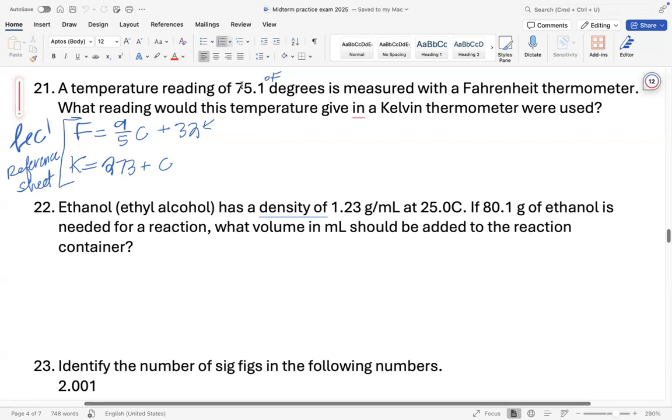The inverted version of this would also be on your formula sheet. So let me write this down, because we need the inverted version. Celsius equals 5/9 times Fahrenheit minus 32. Oh, it's not 9/5, it's 5/9. We want to make sure we subtract 32 before we do the multiplying by the decimal.